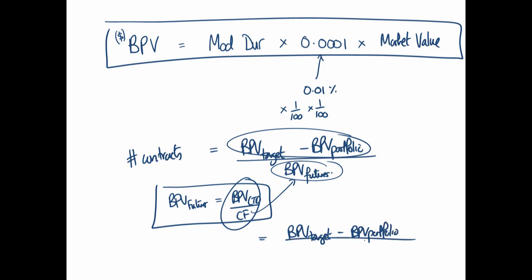Now on the bottom I could put BPV CTD divided by conversion factor, but actually dividing by something on the denominator is the same as multiplying through by it. So that's why the conversion factor, instead of dividing through twice, we just multiply through by it. If you divide by half, it's the same as multiplying by 2, isn't it? It's that kind of basic algebraic relationship.